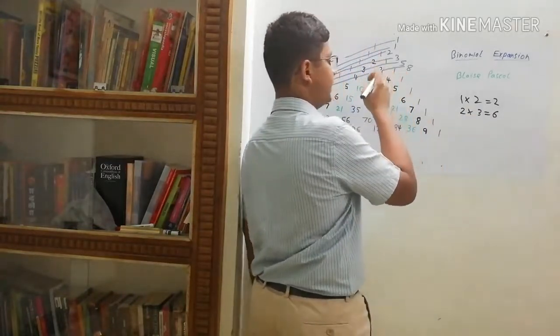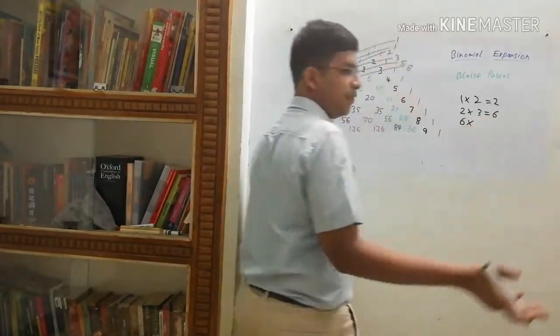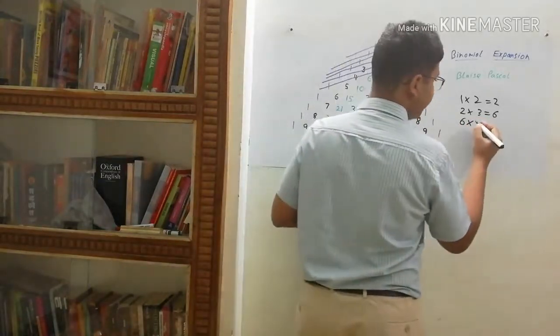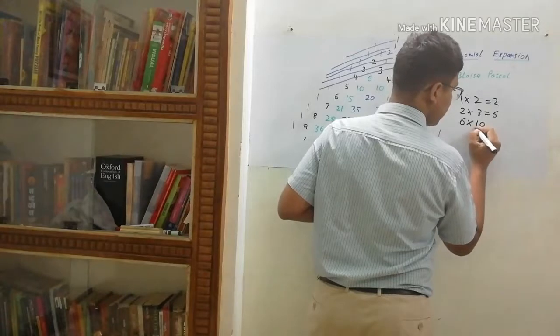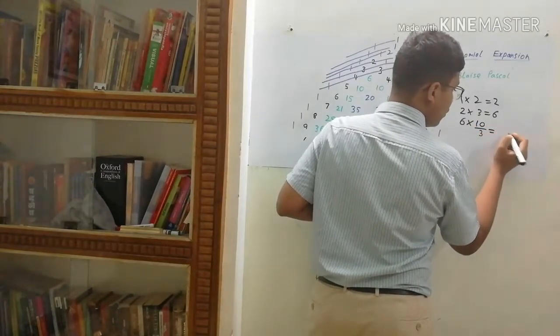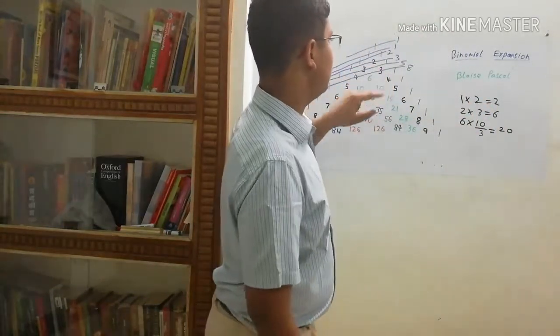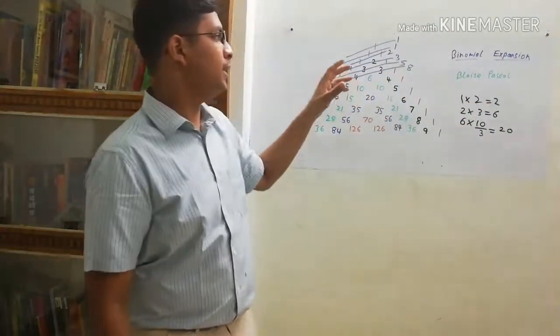Then 6 into, I can write 20 by 6, which would be 10 by 3, is equal to 20. So let's just see the numbers.